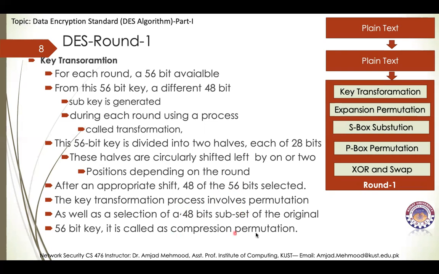So this is called compression permutation. Permutation means jugglery of bit positions, and compression means that your size is reduced. That's why it's called compression permutation.